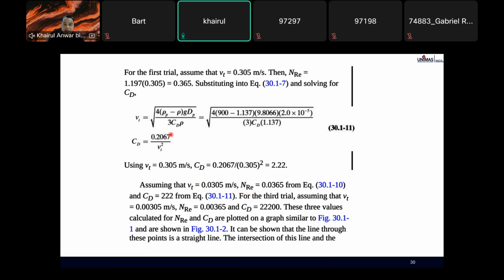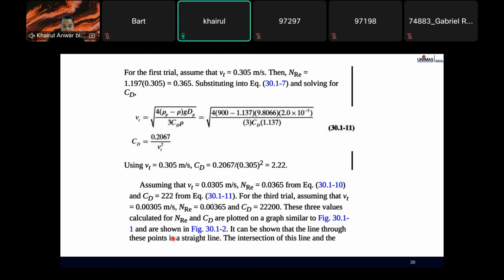CD is calculated using the same equation, 222. Then another trial with VT 10 times lower than the second trial, and CD is 22200. NRE is very small.